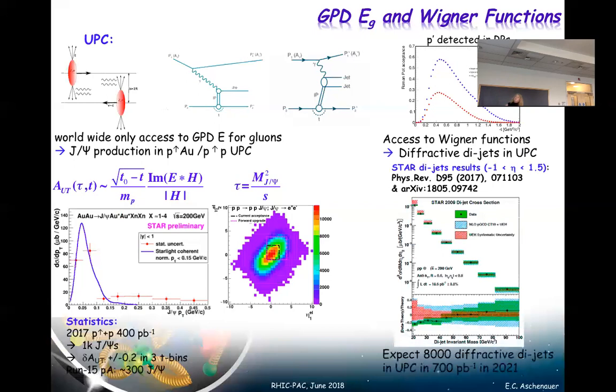Then you can do exactly what Yoshi has proposed, looking at the imbalance of the two di-hadrons, and then you measure the t in the Roman pots, you have the kT, you have the invariant mass, so it gives you Q squared, a hard scale basically, and then you can have maybe a first look into what happens with di-hadrons. We want to carry that over and look at what is possible at an EIC, but probably STAR will be the first experiment which can have a look into this.